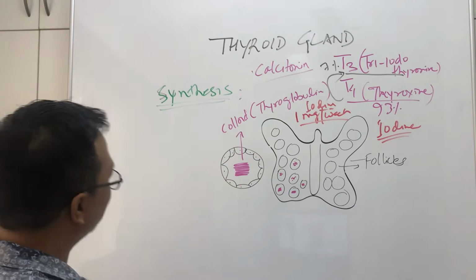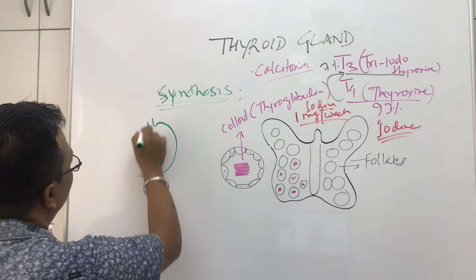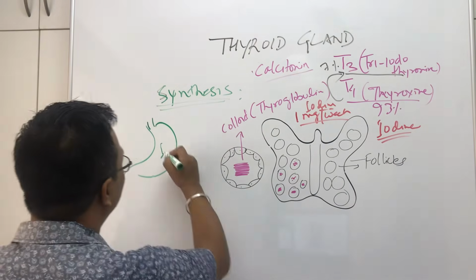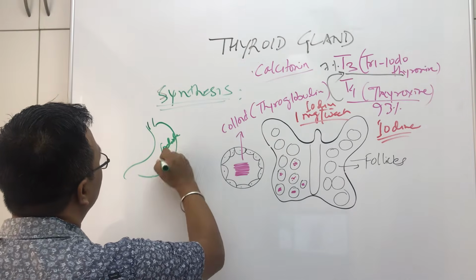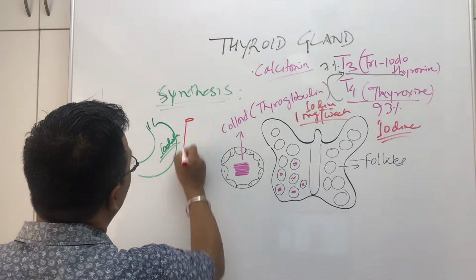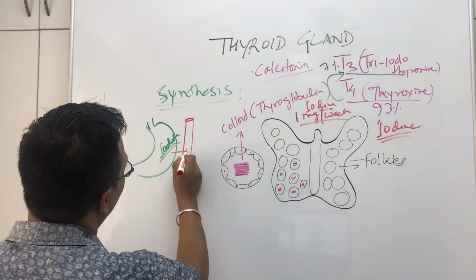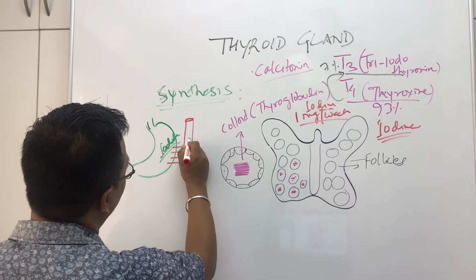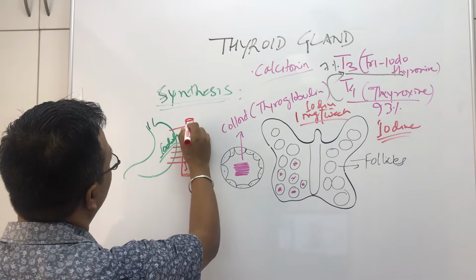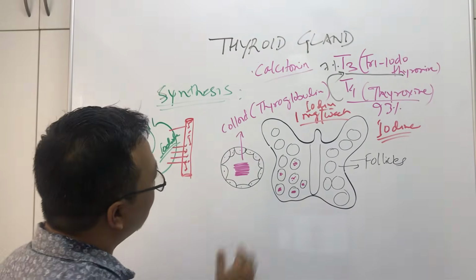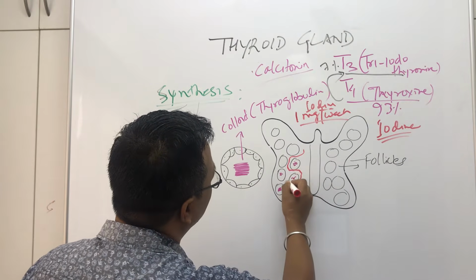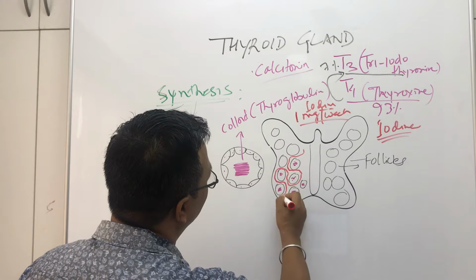So let's assume that you consumed iodine. We don't take iodine, we take iodide. Remember that, iodide. You have taken iodide, and very soon this iodide will be absorbed into the blood. Now these follicles are surrounded by blood vessels, as every gland is.